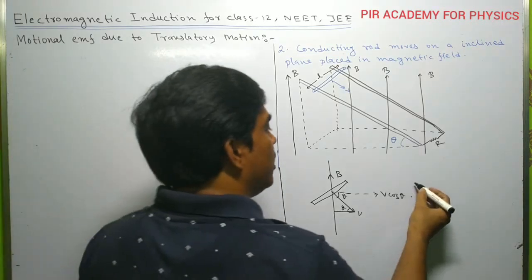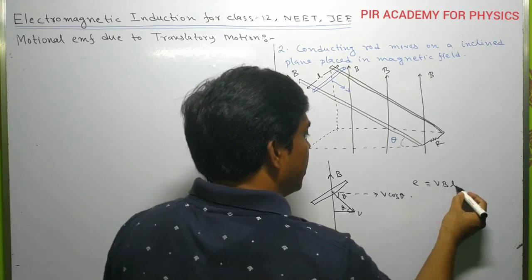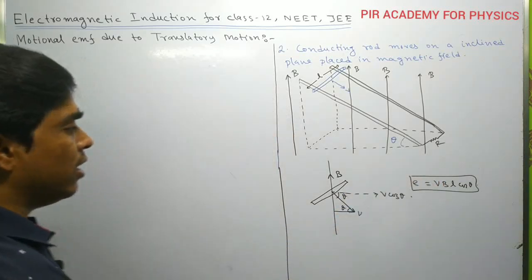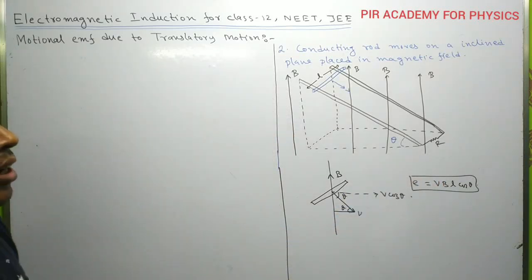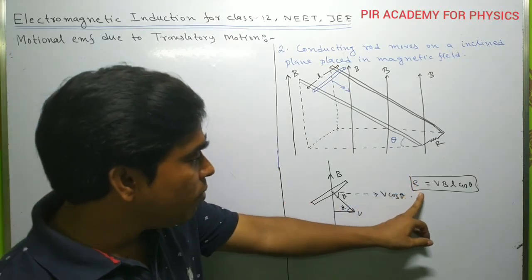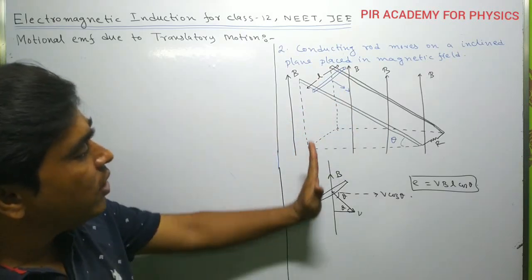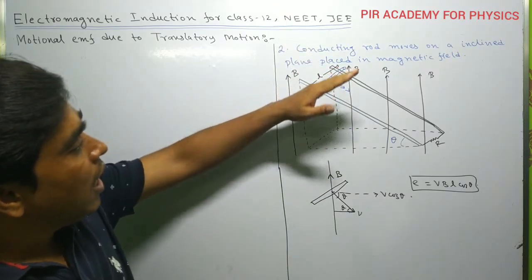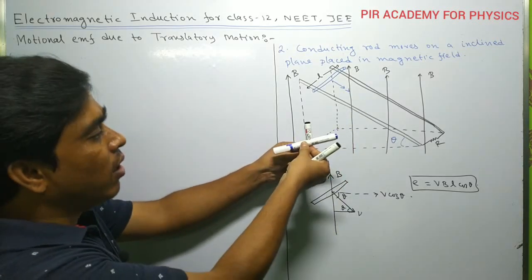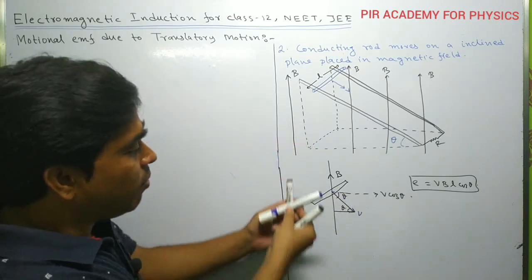Then the induced EMF will be VBL cos theta. How? In the previous case we already discussed how to calculate the induced EMF on a conductor. Here the magnetic field is along this direction, and the conductor is moving in this way.